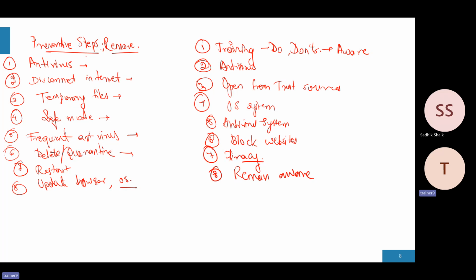The second type of malware that we have is adware. Just like your viruses, you also have adware, which is primarily in the form of ads. You can consider it like an advertisement.